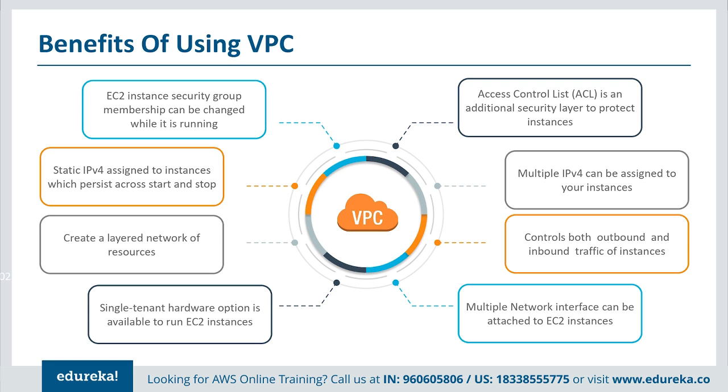Then you can assign IPv4 addresses to your instances which persist across start and stop, which is a reference to elastic IPs. And then EC2 instance security groups can be changed. We have already seen that security groups are applicable at the compute layer. ACLs are more relevant at the network layer, wherein you control the traffic from one subnetwork to another subnetwork or any traffic that is coming from outside AWS. So you control both outbound and inbound traffic, and you can have multiple network interfaces on an EC2 instance.